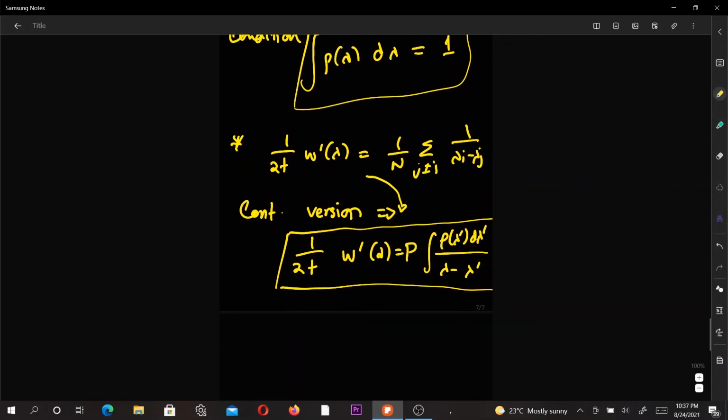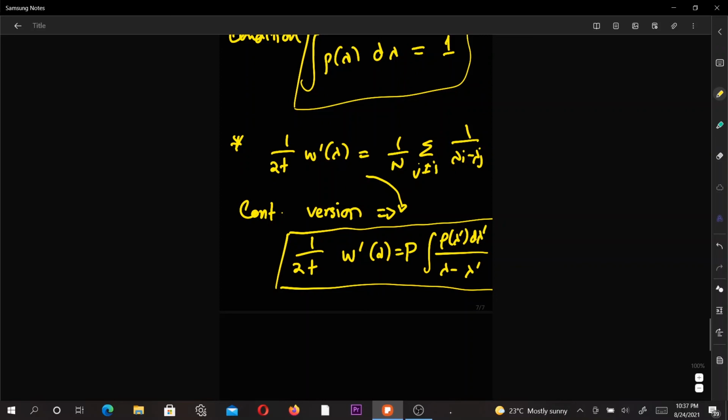Replace the sum by the integral, and since everything is controlled by the distribution, that is, the density function controls how at different places eigenvalues are spread out, since we are doing an integral, you always have to put in the density function. So now an interesting thing just happened.